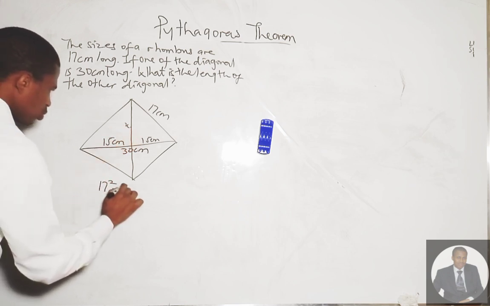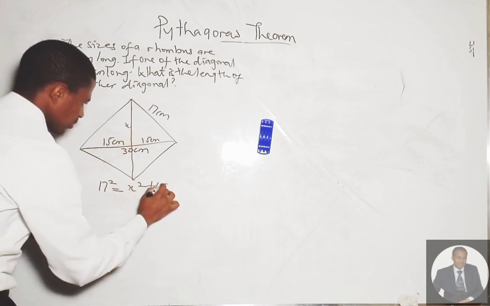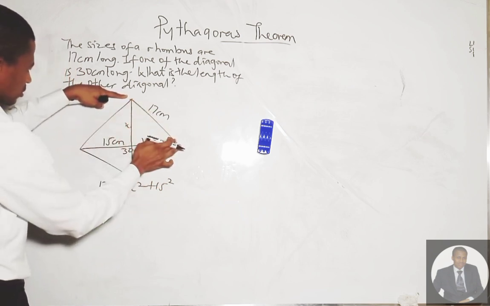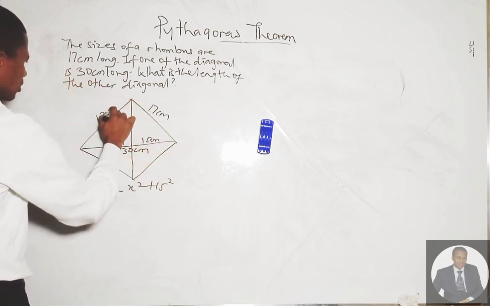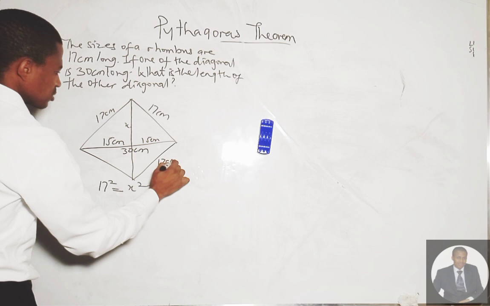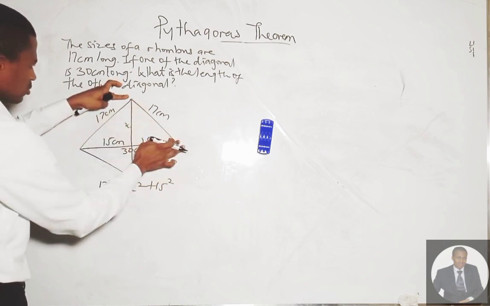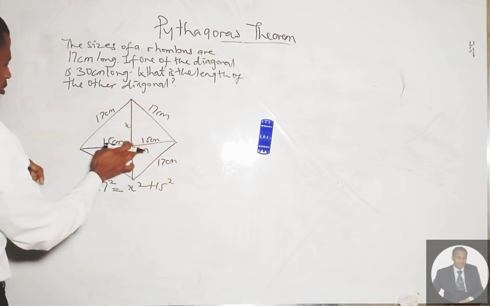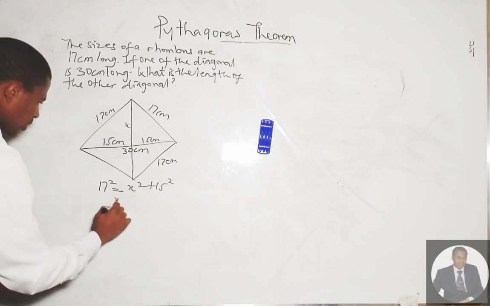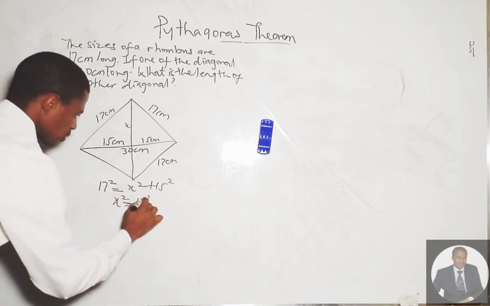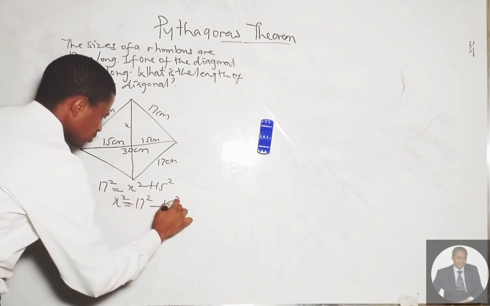17 square equals x square plus 15 square. This is the hypotenuse, 17 centimeter, the sides. So the hypotenuse squared equals opposite squared plus adjacent squared. So x squared will be 17 squared minus 15 squared.